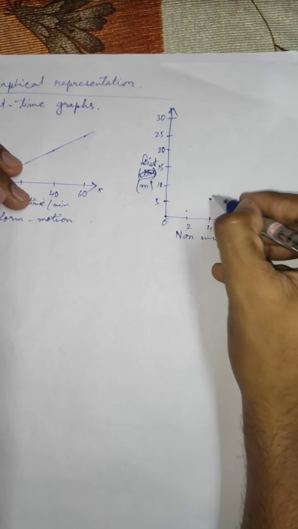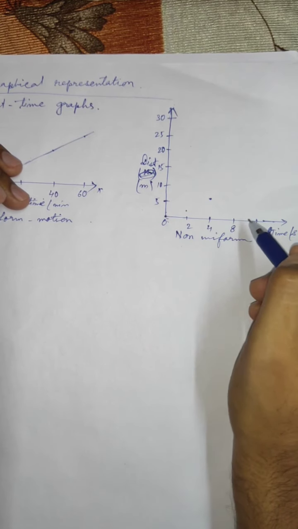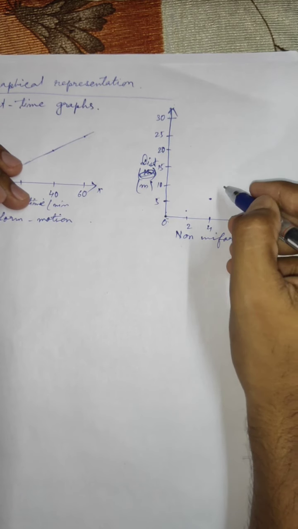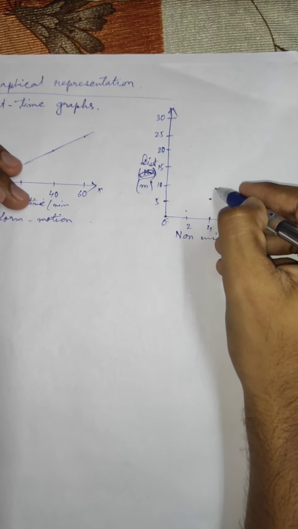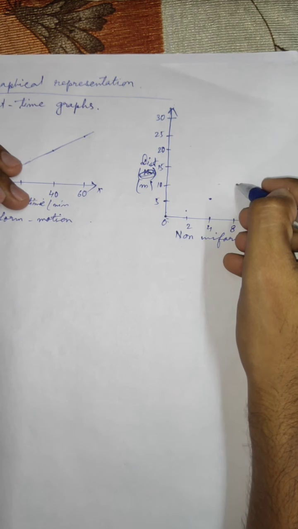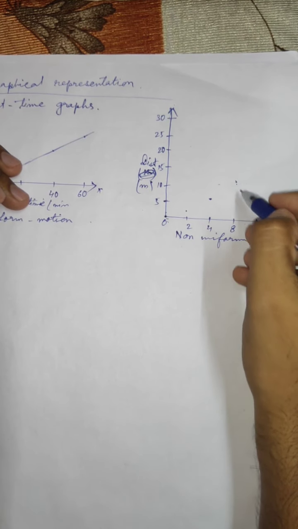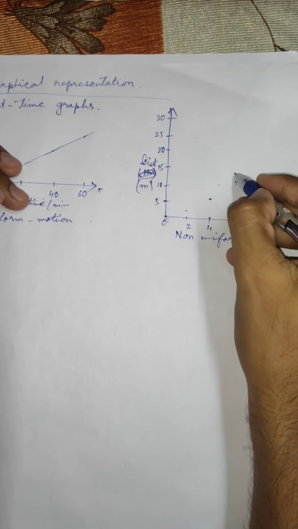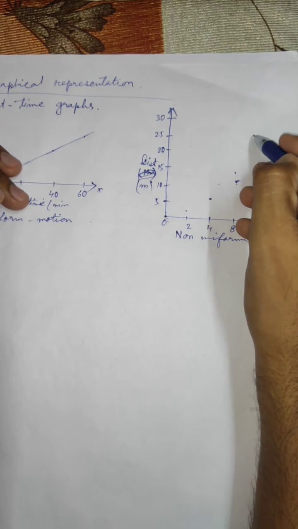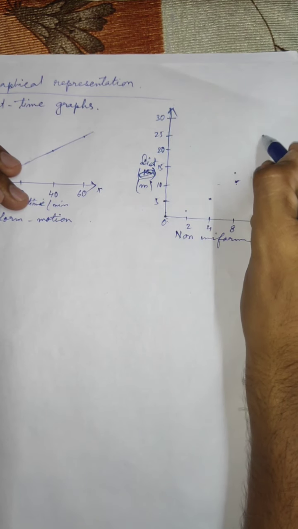I am just plotting the points in the graph. And in the next 2 seconds, suppose it has traveled 12 meter, so 10, 11, 12, approximately there. In the next, not 12, suppose it is 15, and in the next 2 seconds, suppose it has traveled 25, 26, suppose 25 and 26.